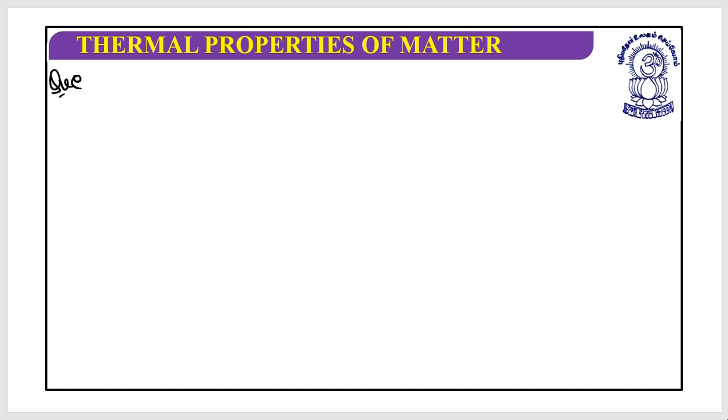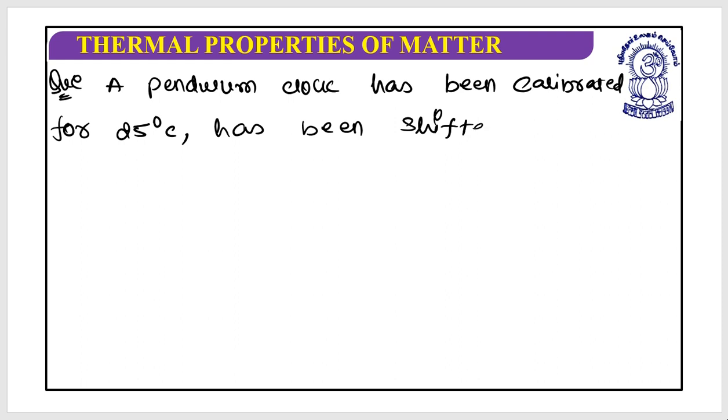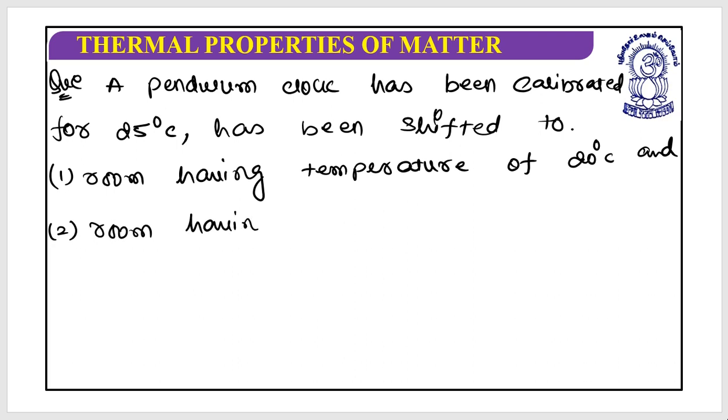Let's look at this question. A pendulum clock has been calibrated for, let's say, 25 degrees Celsius, and has been shifted to a first room having a temperature of 20 degrees Celsius and a second room having a temperature of 40 degrees Celsius.